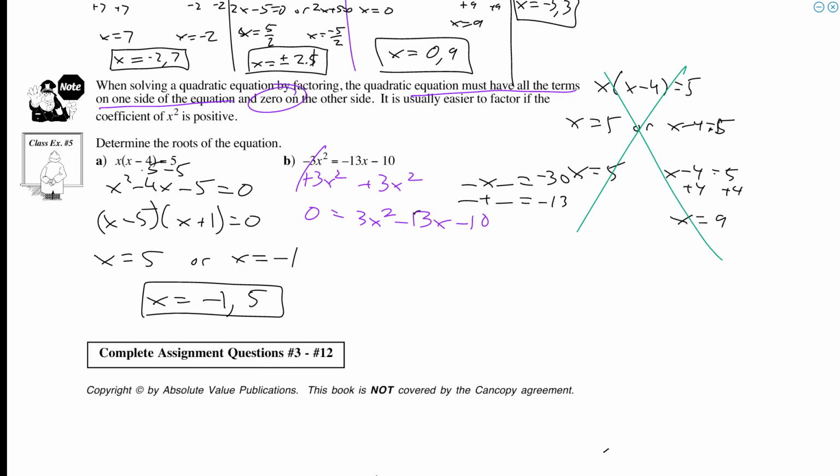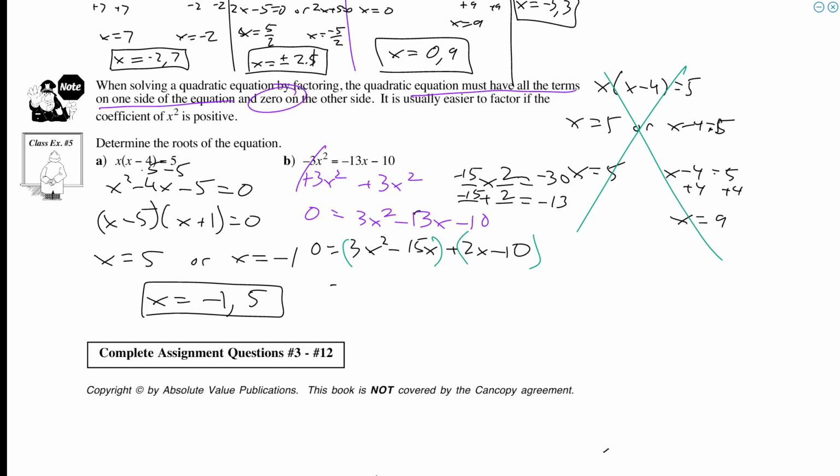So negative 15, positive 2. And now we finish back by grouping. Sorry, backwards.